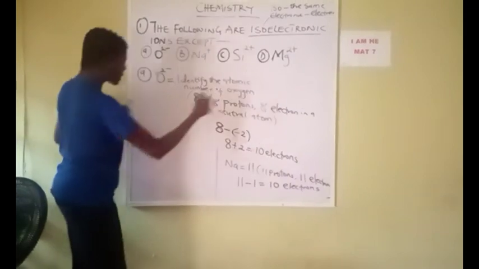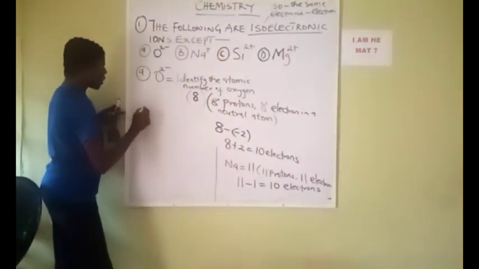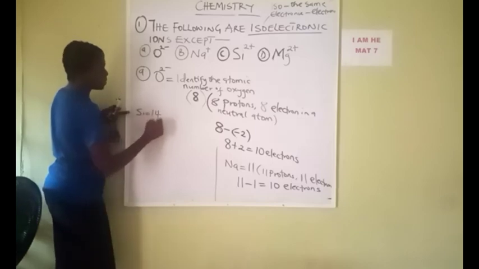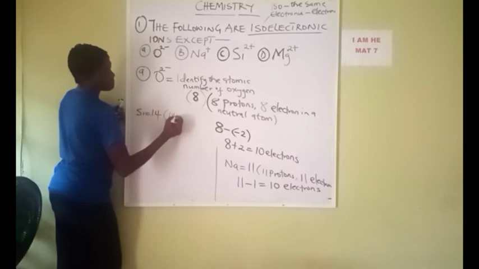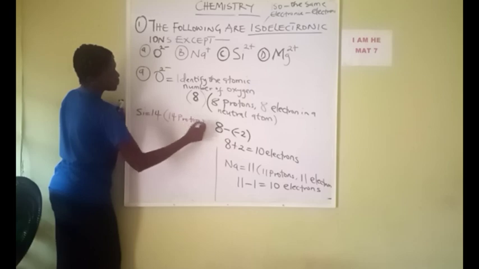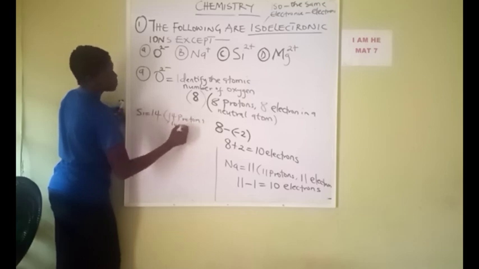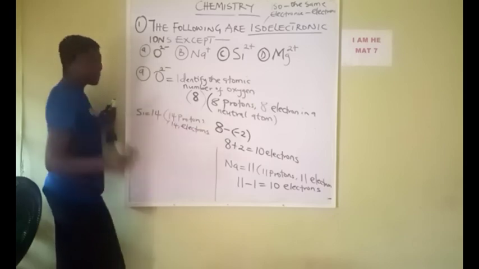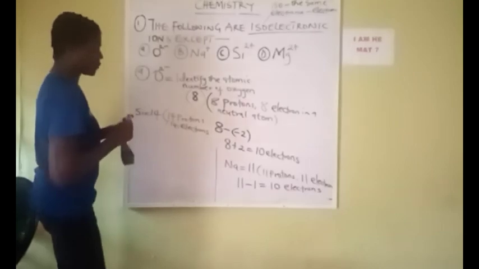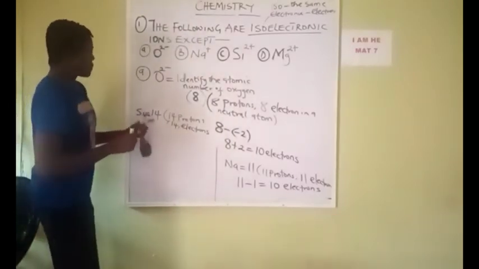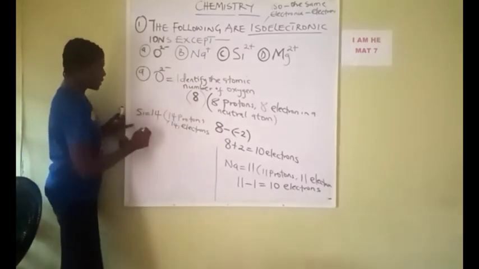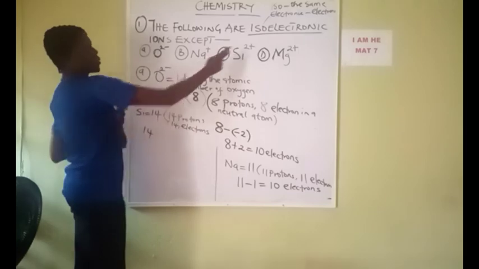So let's solve for silicon. Silicon has 14 as its atomic number, that's to say 14 protons and 14 electrons. What is the charge given to us here?